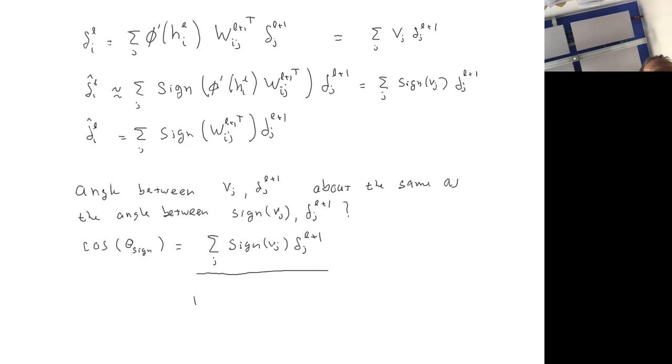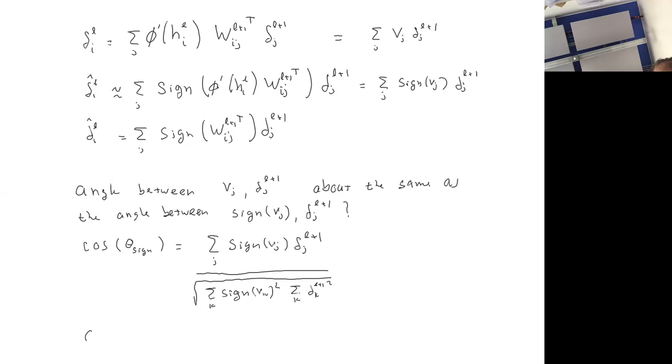We keep going. I may have to abandon this because absolute value, so sign of Vj squared delta J L plus 1 squared. The sum on K of sign of Vk squared times the sum on K of delta K L plus 1 squared.